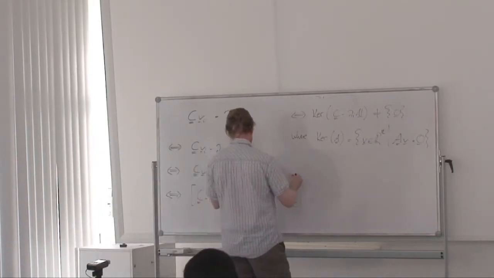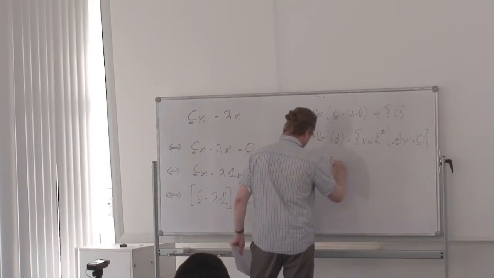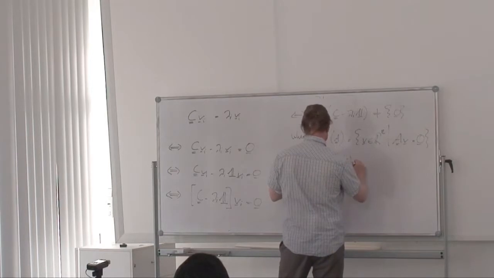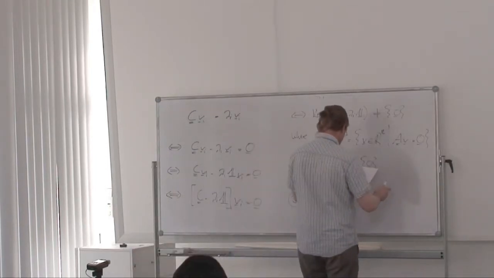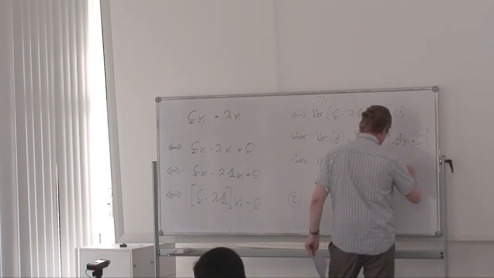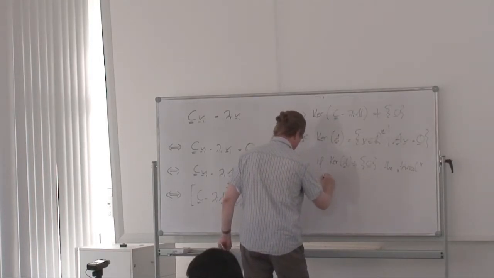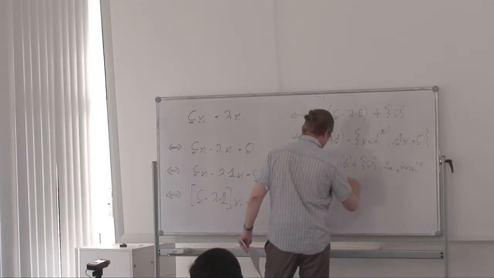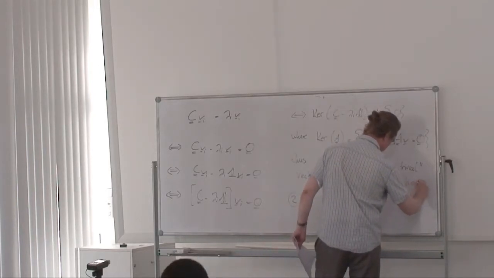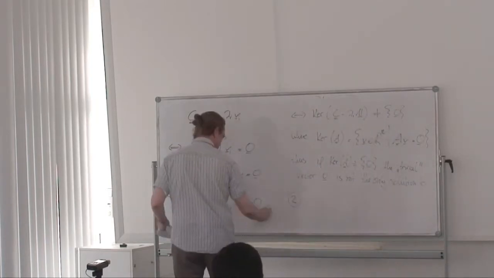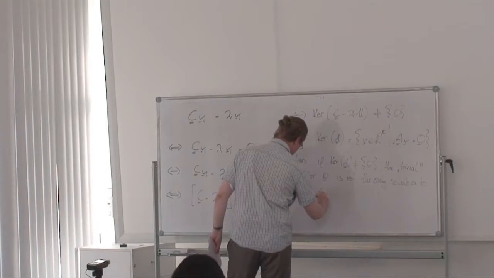But this is all good to know. That is, if the kernel of a matrix is not just the set containing the zero vector, the trivial vector 0 is not the only solution to the equation A times some vector V equals 0.